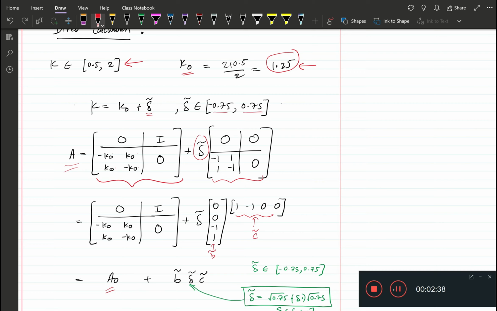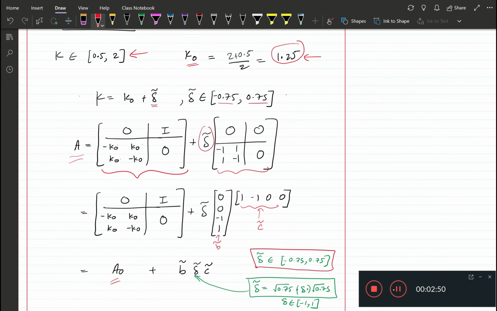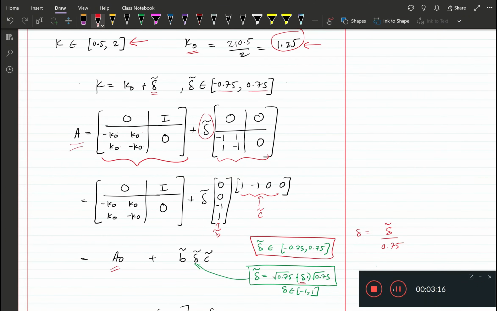So we can write A as A0 plus B tilde, delta tilde, C tilde, but the delta tilde varies between minus 0.75 and plus 0.75. So we can define a new variable delta as delta tilde divided by 0.75, so that delta tilde is equal to square root of 0.75 times square root of 0.75 times delta.